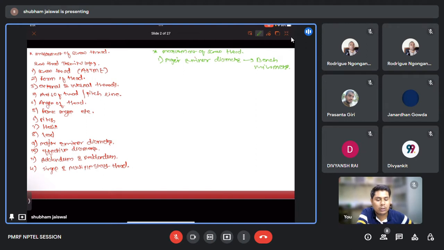Then we have seen effective diameter calculation: the one wire method, two wire method, three wire method, and the best size wire.